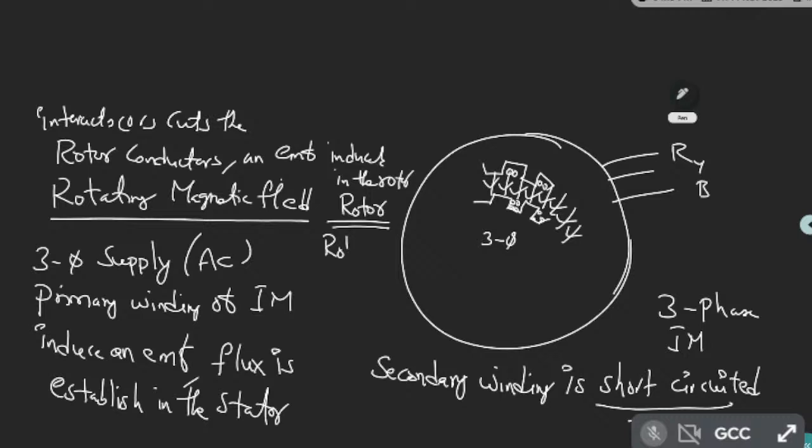So in the stator, a rotating magnetic field is established, and in the rotor also a rotating magnetic field is established. E1, E2, phi1, phi2. These two fluxes interact with each other.